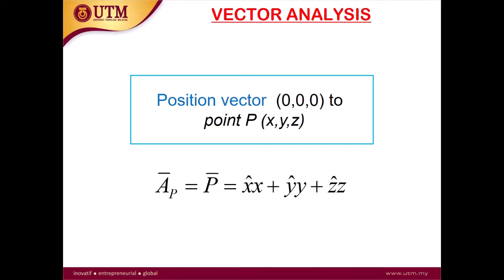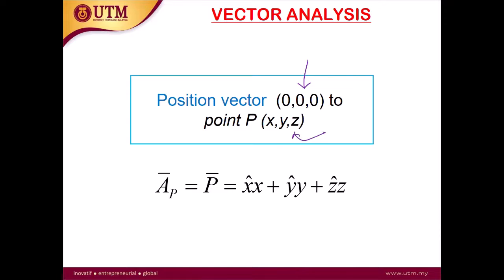Next, we will see the position vectors. Let's say the position vector, starting from the origin, which is 0, 0, 0, to another point P at x, y, z on the Cartesian coordinate.